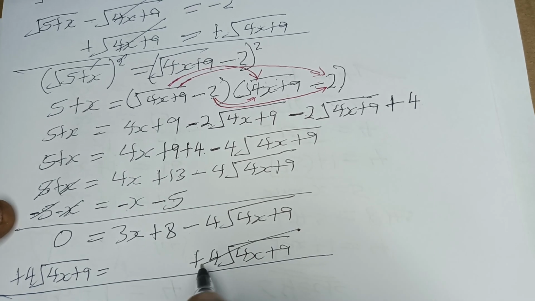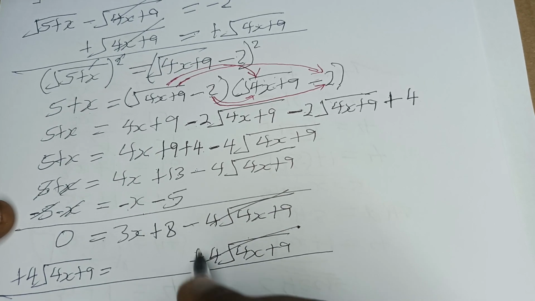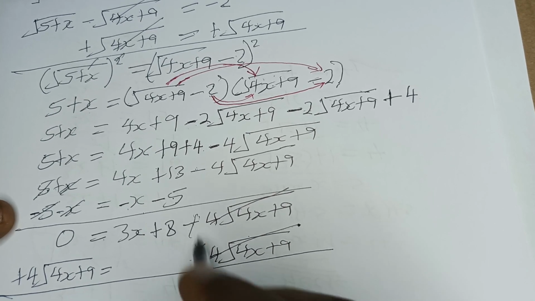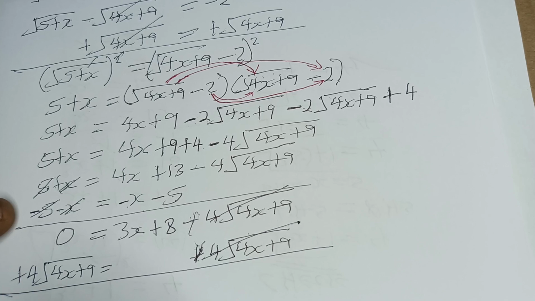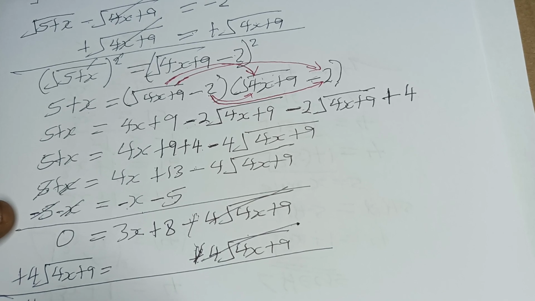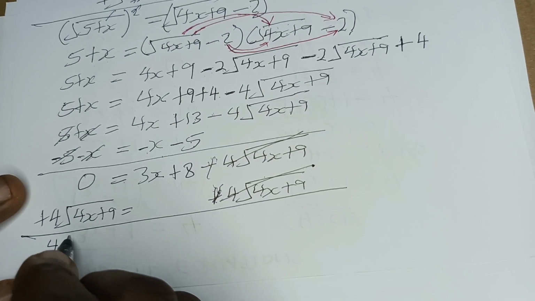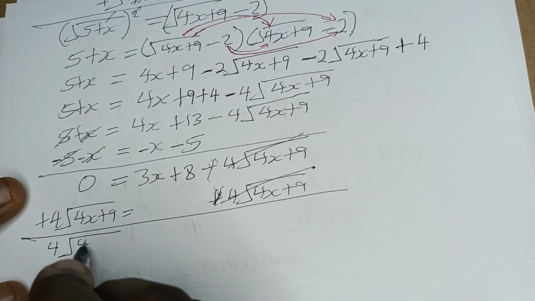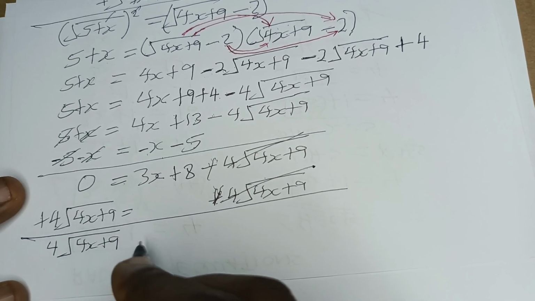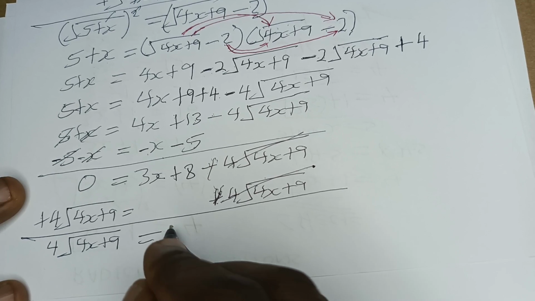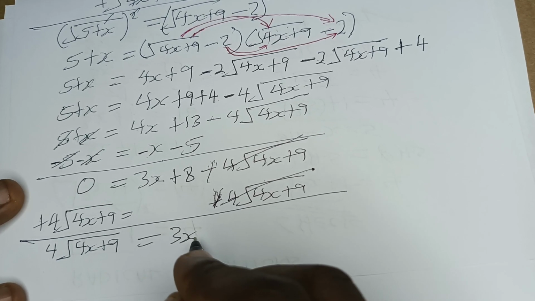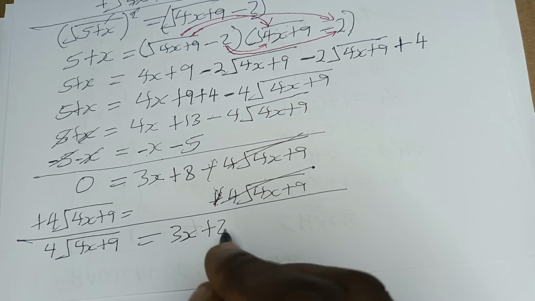So this as a whole cancels this because of the difference in sign. So what do we have here? We have our 4 root 4x plus 9 is equal to 3x plus 8.